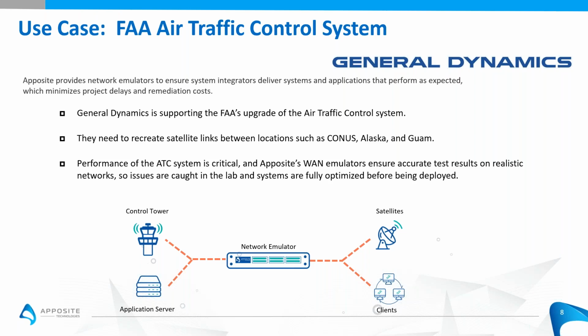They use us to create several different types of networks, not only satellite, but WAN conditions as well that are not terrestrial, we'll say. We call these paths, which I'll jump into later. General Dynamics uses this.